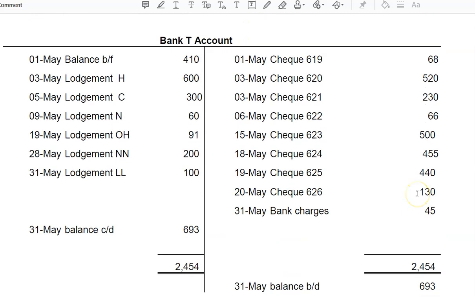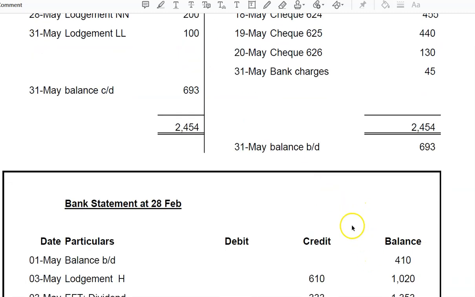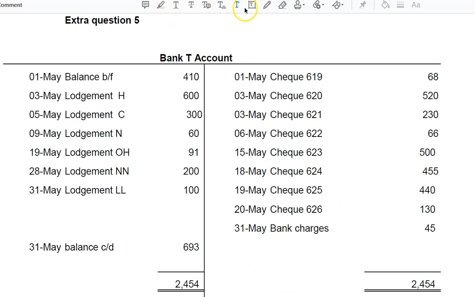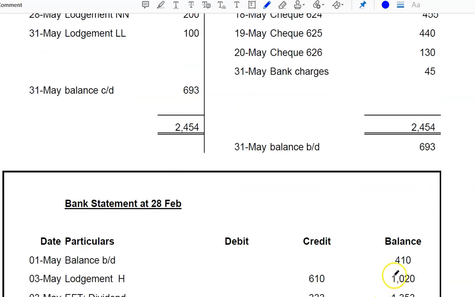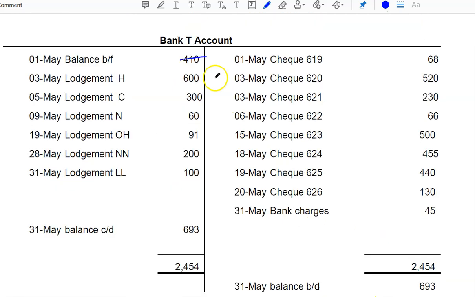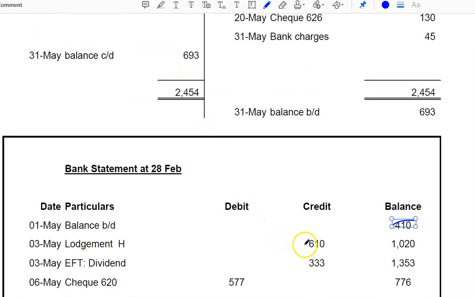Okay. The first thing you do is try and reconcile the amounts. So we look at the opening balance here is 410 versus 410 here, and we cross off what agrees. 600 for lodgement H here, 610, so cross it off.